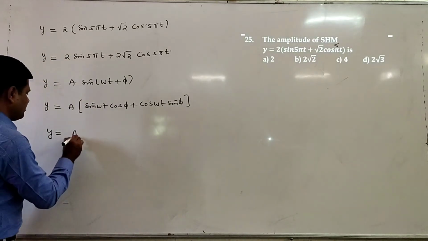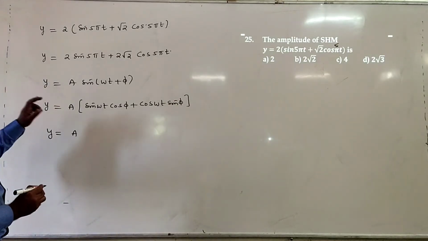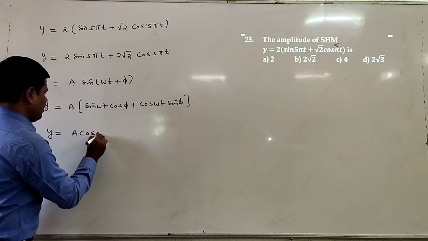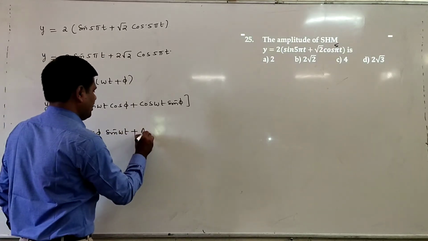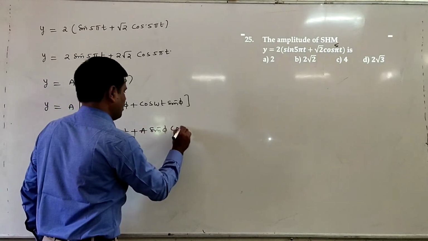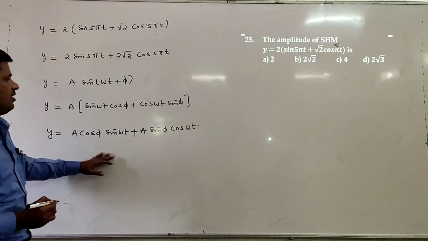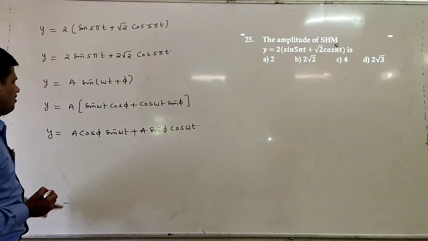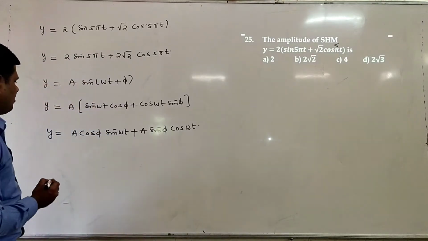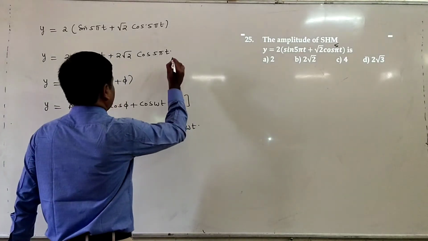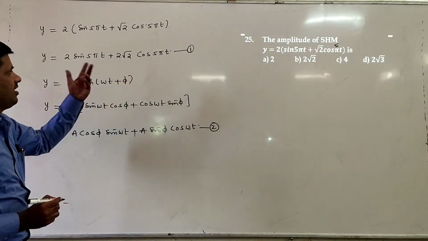This is equation number 1. The given one is equation number 2. Here ω is nothing but 5π.